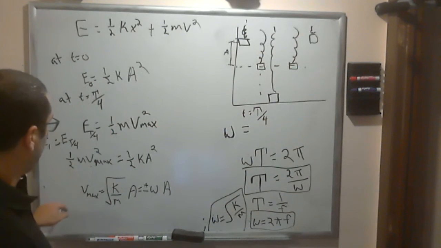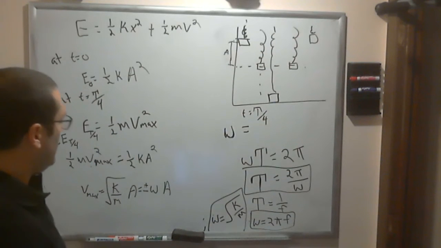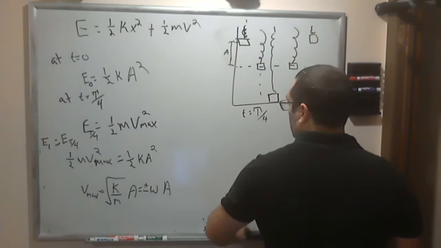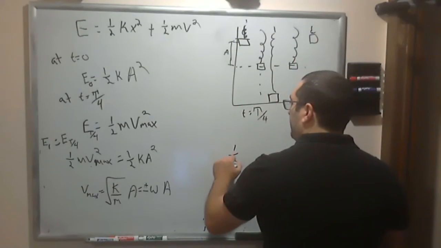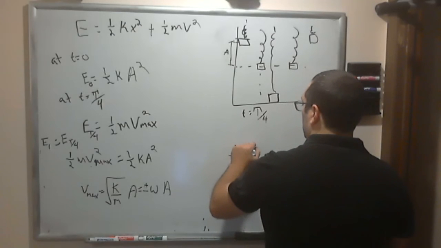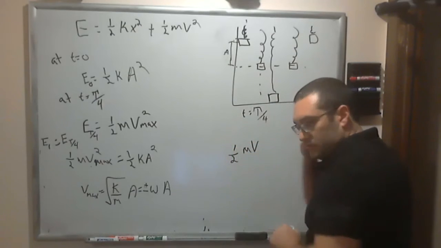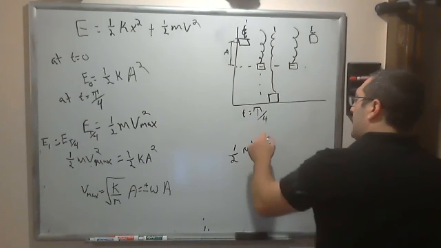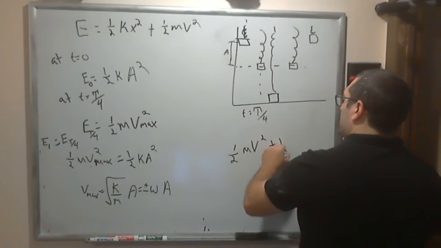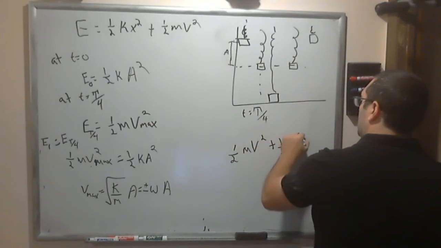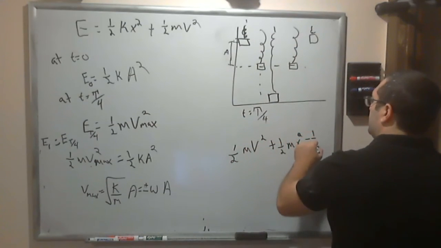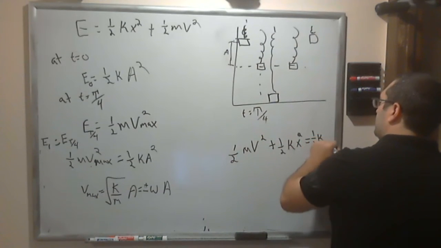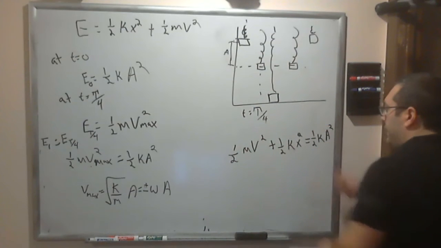Using this equation, and more generally, let me write it over here. More generally, we'll have this. At any given position, one half k x squared, this is equal to one half k A squared, right?